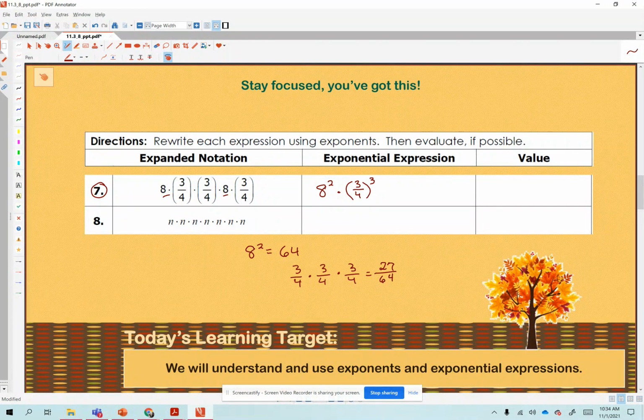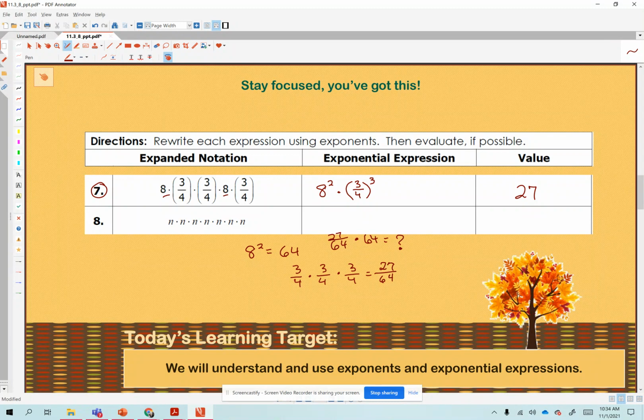So that ends up being 27 64ths times 64. So we know from that that our answer will be less than 64. We have to have an answer that's a lot less than 64. And indeed, 27 64ths times 64 would equal 27.